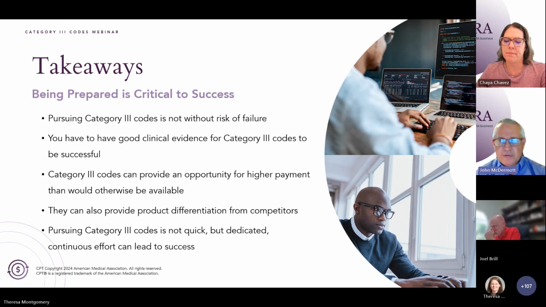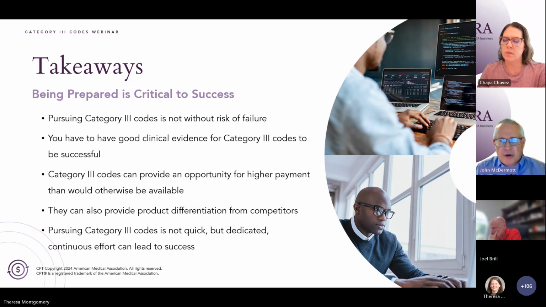You can also use the Category 3 code to differentiate your product from others in the broader category. If you can get a code that's maybe not exclusively, but maybe more directly identifies your code versus competitors, that can be a way of getting out of their coverage policies, perhaps getting a fresh look, getting a fresh start.